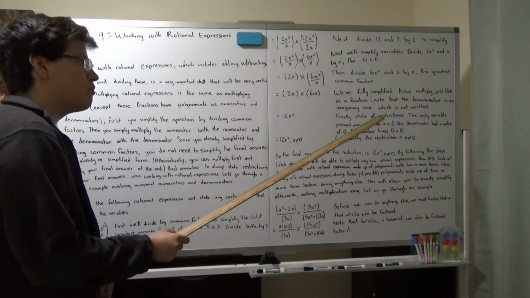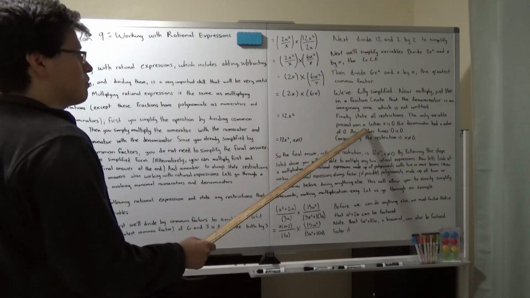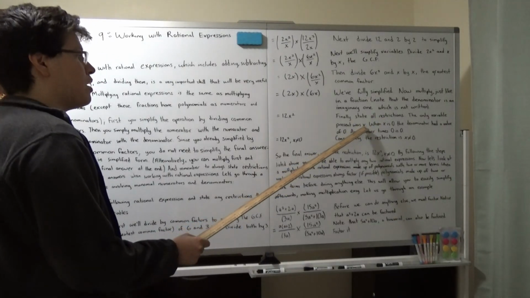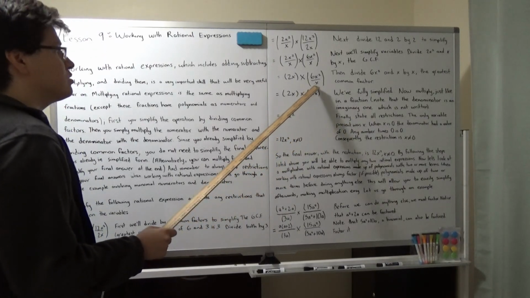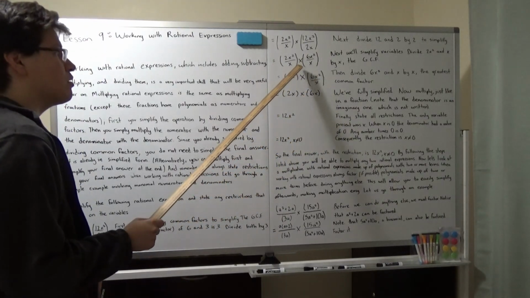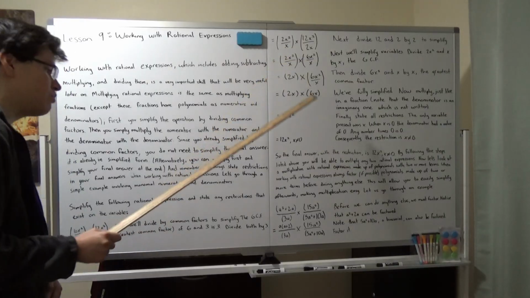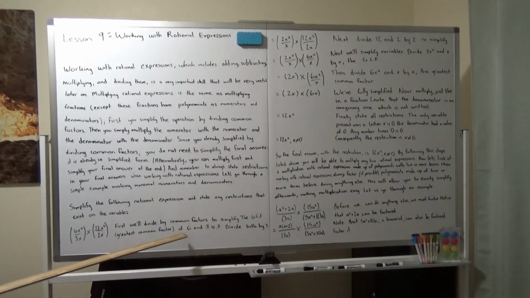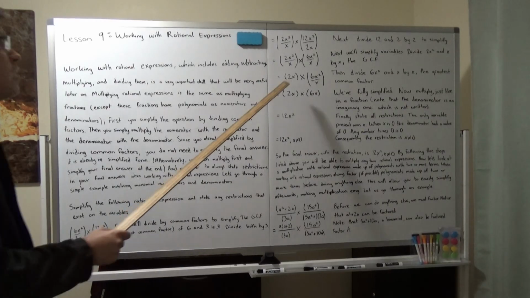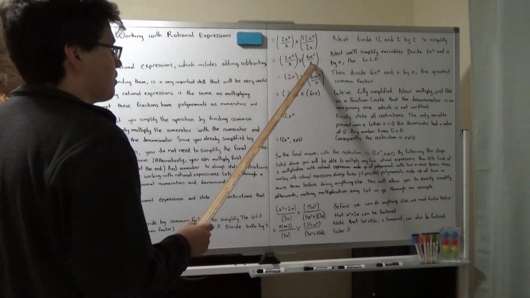The only variable present was x, as you see in the denominator. We were checking for all variables in the denominator. We only had x, 3x, 2x, and x present in the denominator.